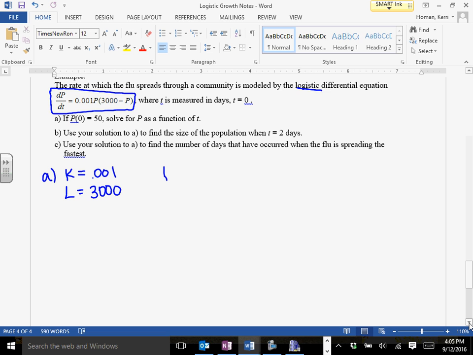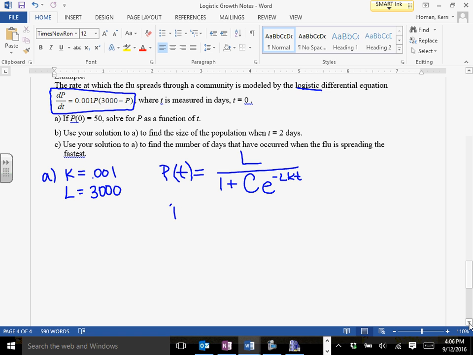Therefore, your P of t is going to be your L over 1 plus C e to the negative L k t equation. Okay? You don't have to use that shortcut, it's just an option.